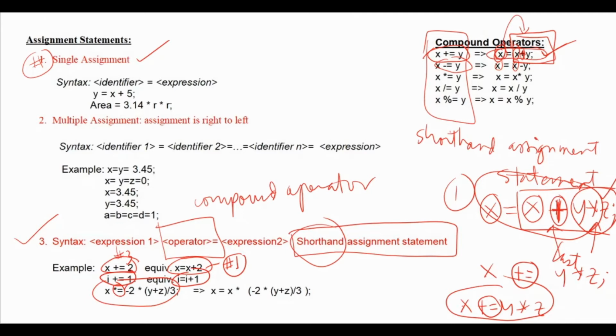And so, if we have this, take note that is our compound operator. So the expression is this one, right? That's negative 2 times this one. And x is one of the operands of the last-to-be-performed multiplication, this one here.